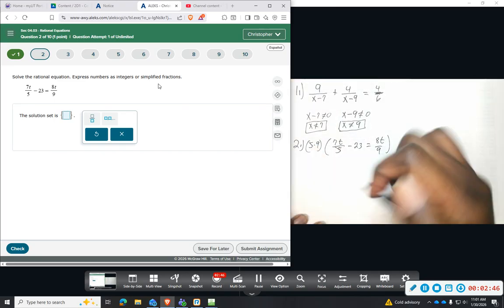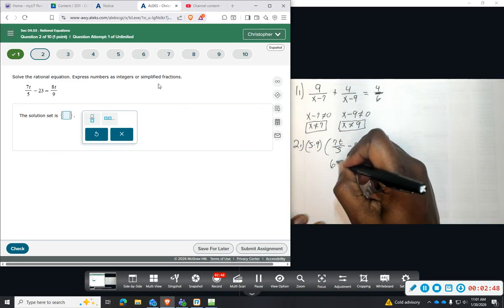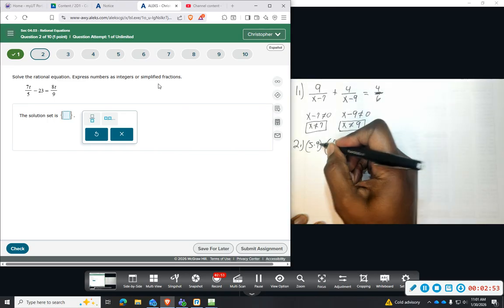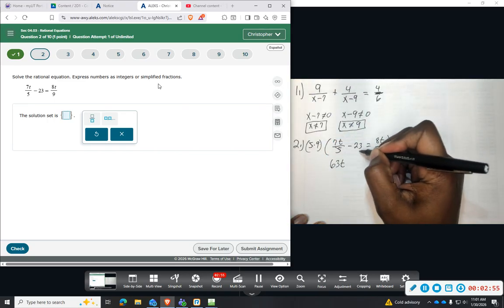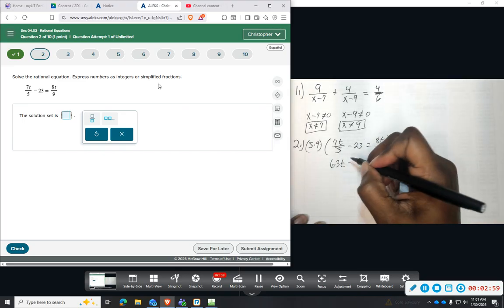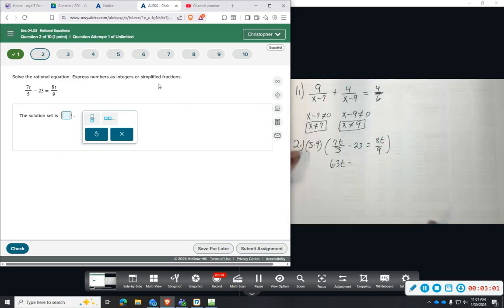That's going to give me 63t. And then I'm multiplying the 5 times 9 times the 23. Nothing's on the bottom, so I don't have to worry about something canceling out. These are going to be some big numbers, so I'll let the calculator handle the heavy lifting, 45 and 23, just to speed this up for us.